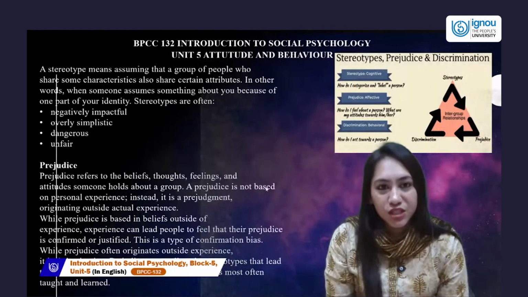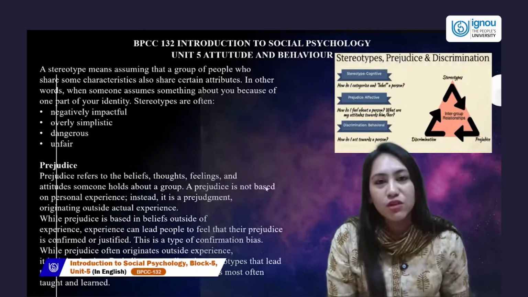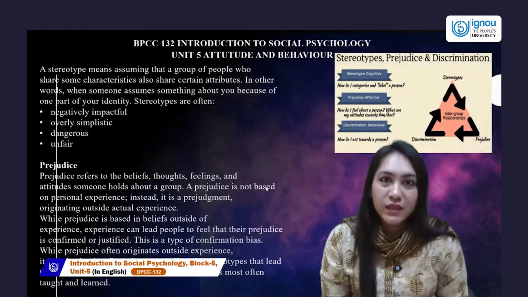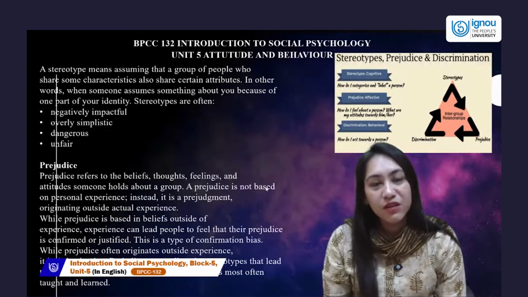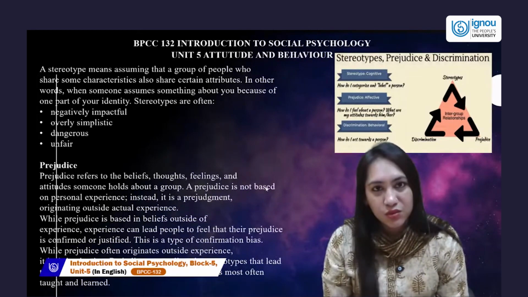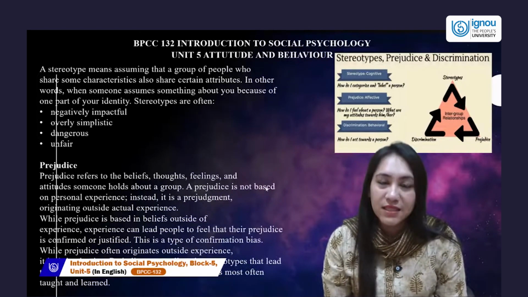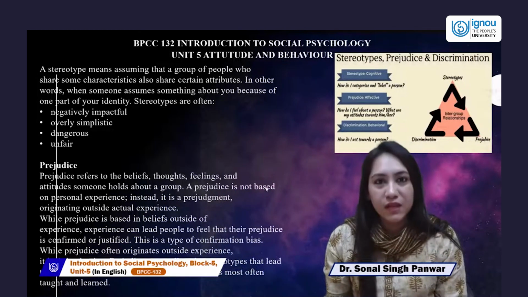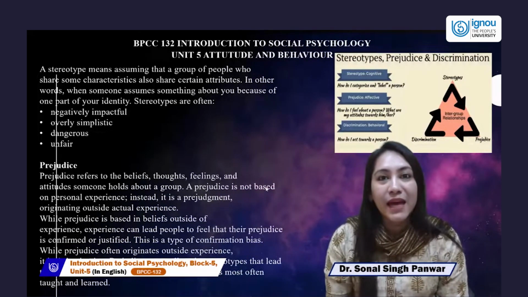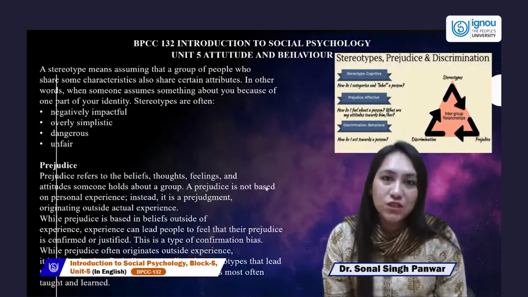I'll be continuing with the introduction of social psychology, unit 5. We continue with attitude and behavior to understand whether attitude always leads to behavior. In the last class we understood that there are some circumstances that could allow attitude to lead to behavior. That means not every aspect of your attitude will lead to behavior.